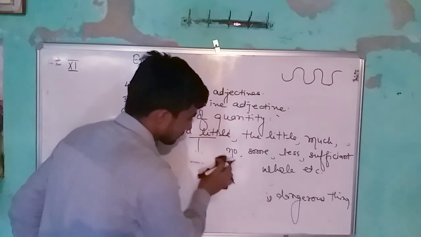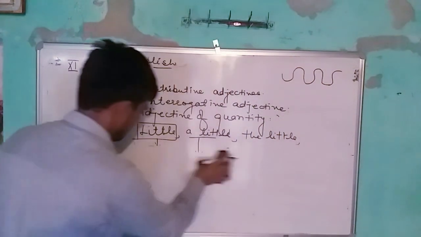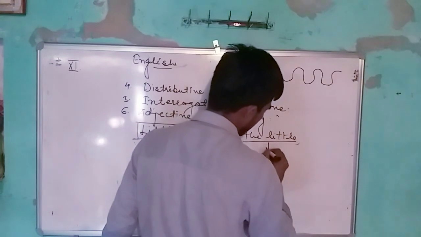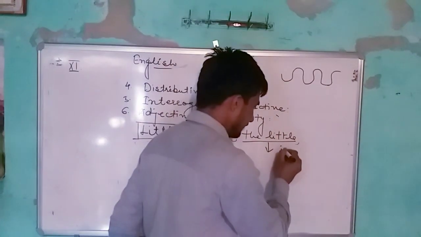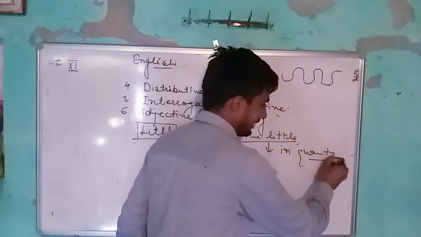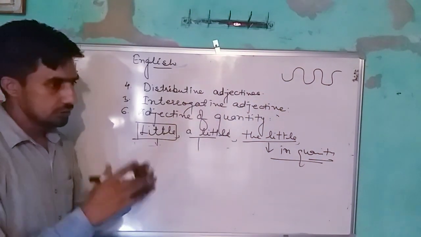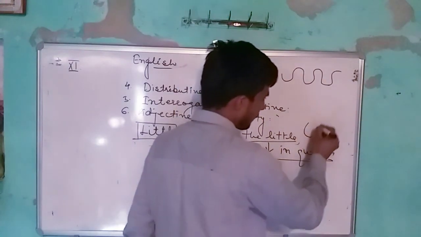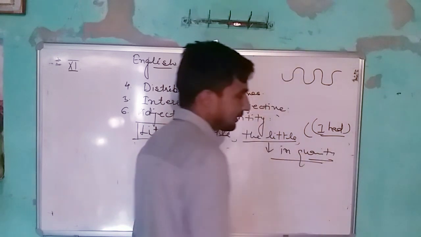Next one is the little. It means all that you had. The little means in quantity, any quantity of things that you had, the entire amount. And the words I had also appear at the end of the sentence.